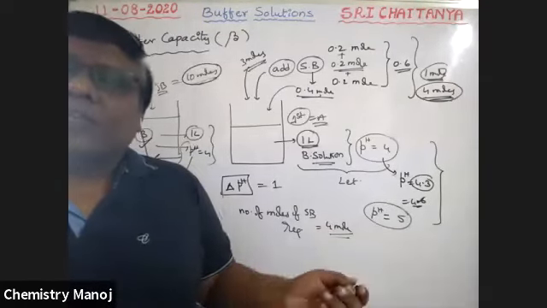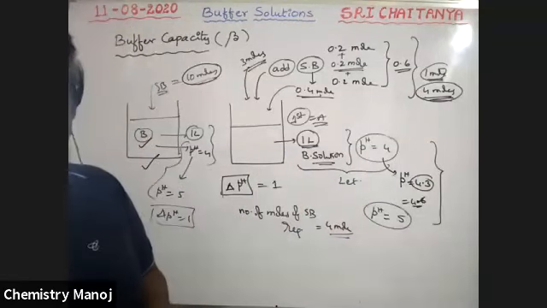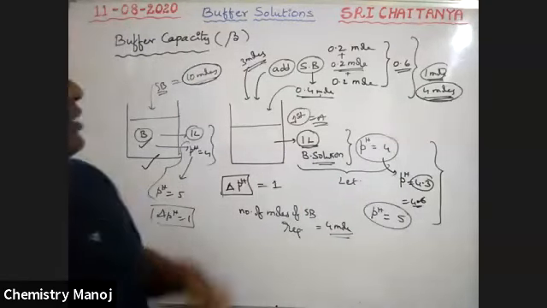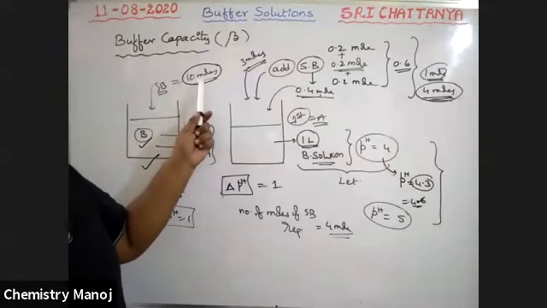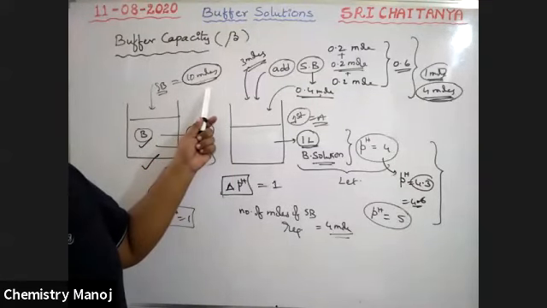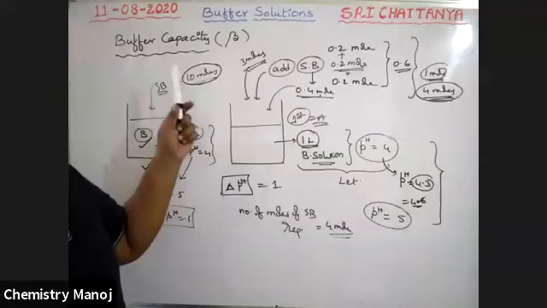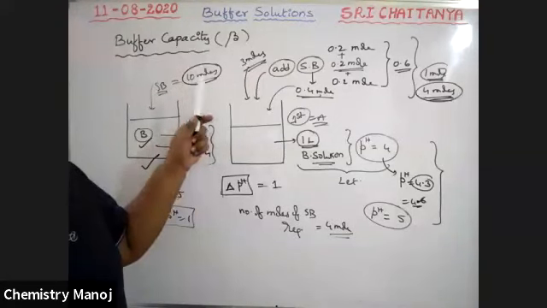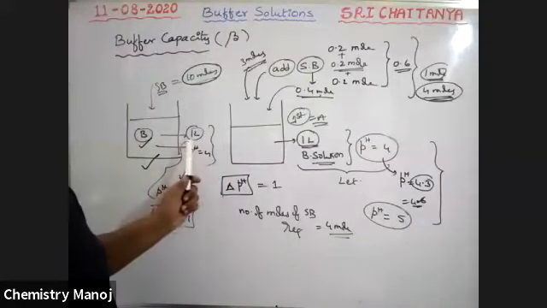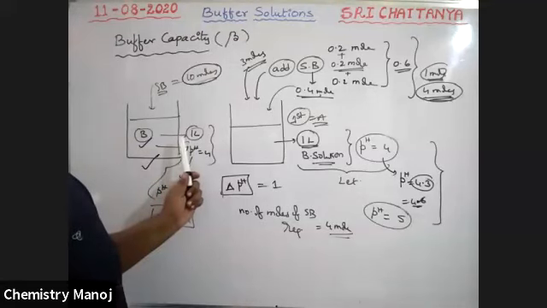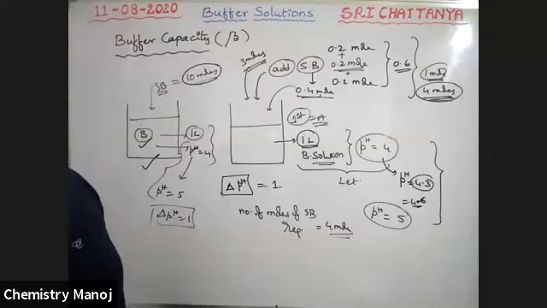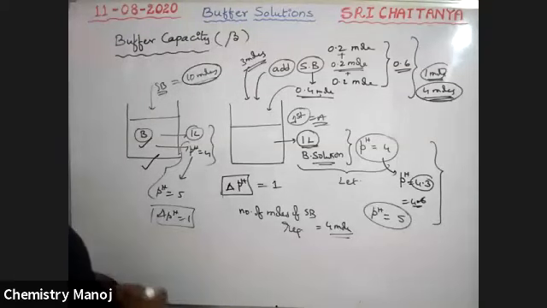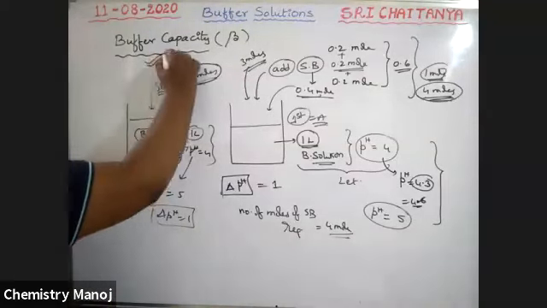Okay, so see here, I am explaining the statement. I will give the statement for buffer capacity. The number of moles of strong acid or strong base required for 1 liter of buffer solution to change its pH value by 1 unit is called buffer capacity.